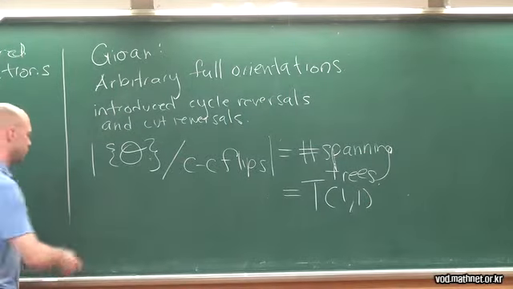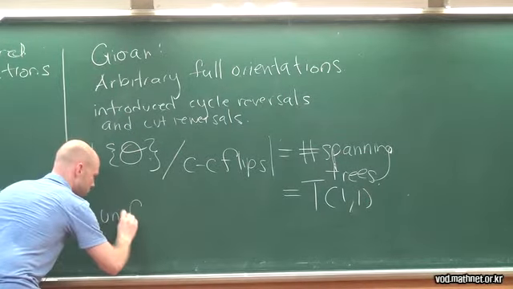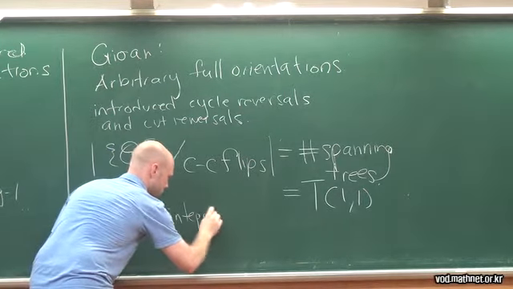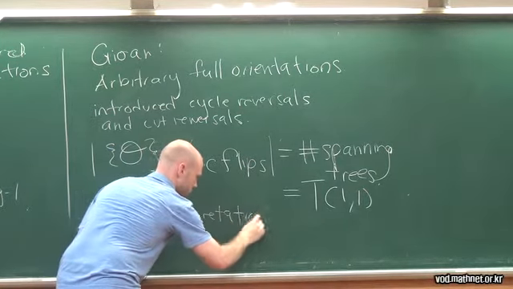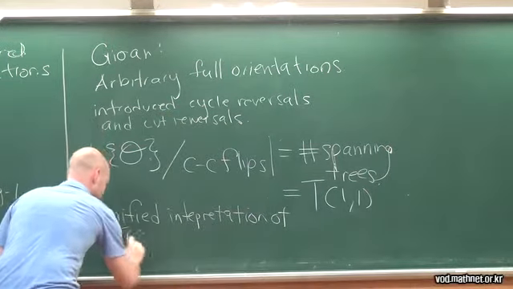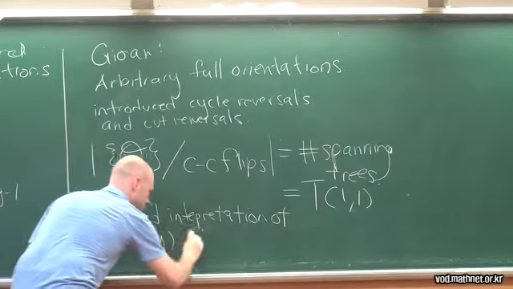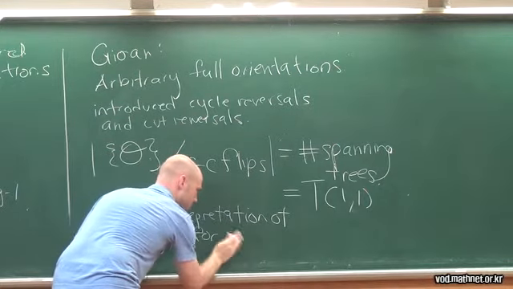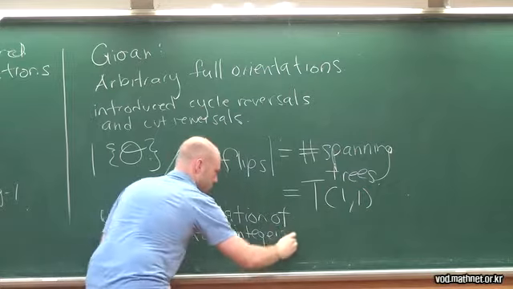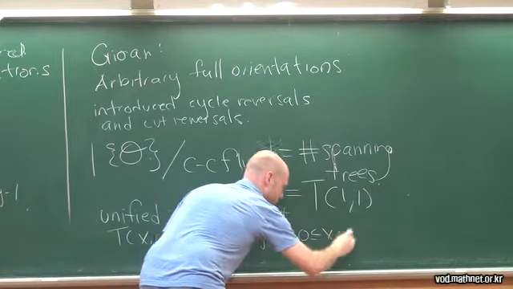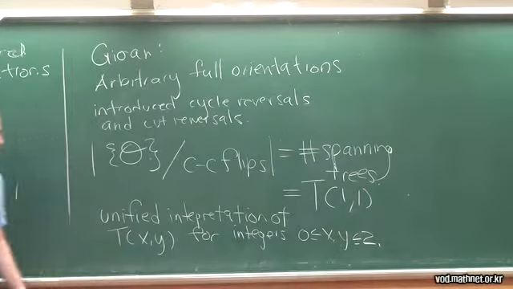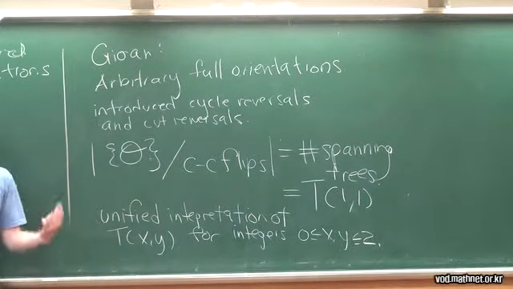And he actually got a unified interpretation of, say, T(x,y) for all integers x and y between 0 and 2.